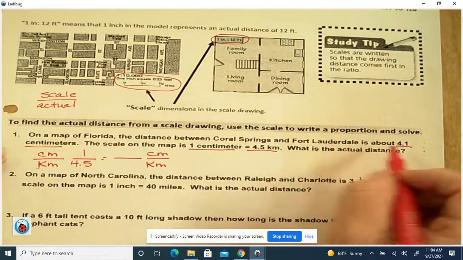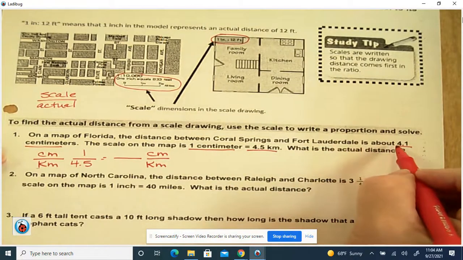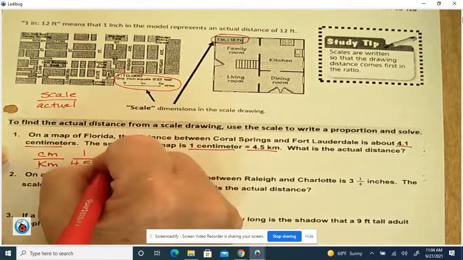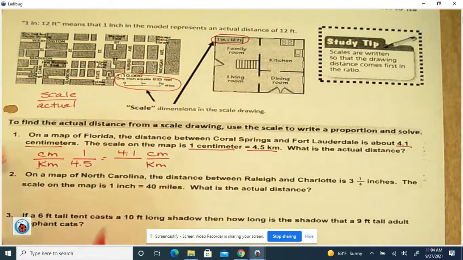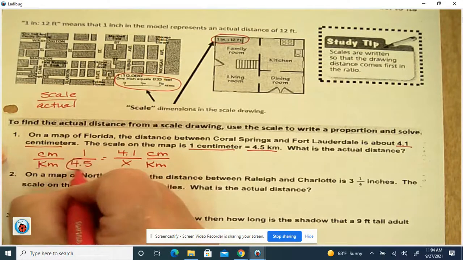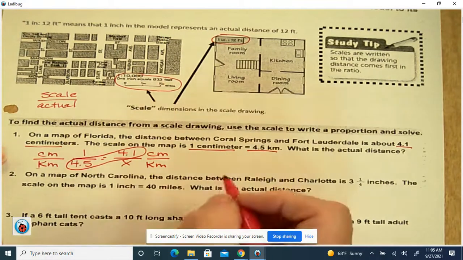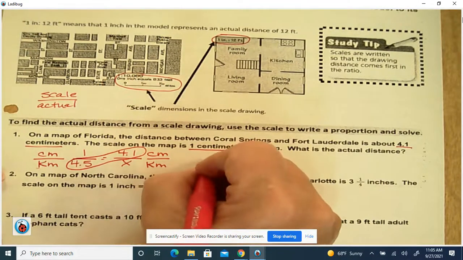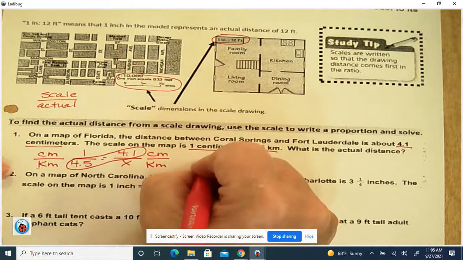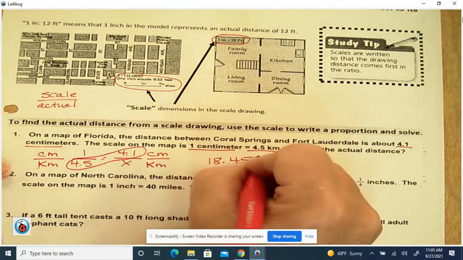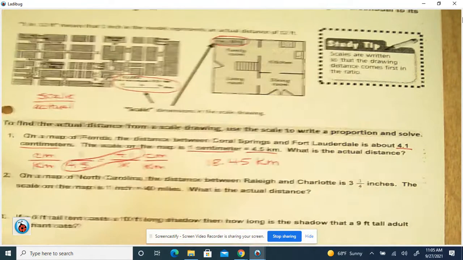It also told us that the distance between Coral Springs and Fort Lauderdale is 4.1 centimeters. So we're going to put it on the same line as centimeters, and the one we don't know is going to be x. Then we'll circle those as usual and multiply those. The distance between Coral Springs and Fort Lauderdale is 18.45 kilometers.